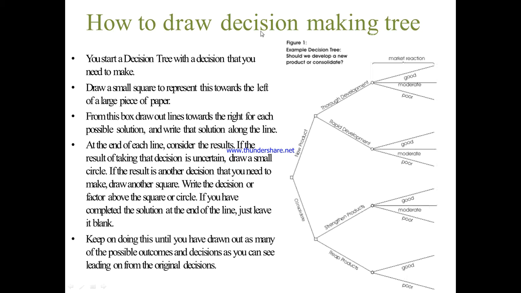How to make a decision tree? You must start a decision tree with a decision that you need to make. Draw a small square to represent this toward the left of a large piece of paper.